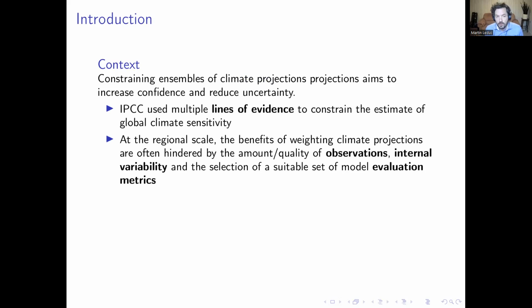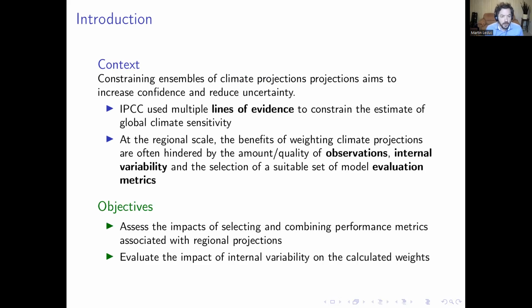Recently, the IPCC used multiple lines of evidence to constrain the estimate of the global sensitivity. But at the regional scale, the benefits of weighting projections are often hindered by the amount of observations, internal variability, and the selection of model evaluation metrics. So the objectives here are to assess the impact of selecting and combining performance metrics associated with the regional projection, and to quantify the uncertainty due to internal variability in the calculation of weights.